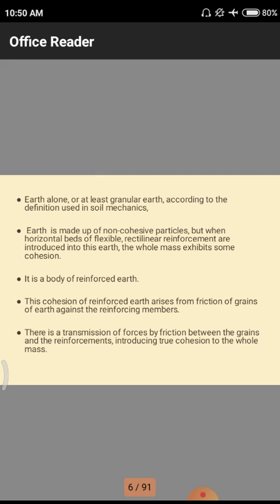If the particle bonding is very low, this cohesion force increases. Why? Because if the friction between particle to particle is high, automatically the bonds are also very high. Friction is low, strength is also low. There is a transformation of forces by friction between the grains and these reinforcements, introducing the cohesion into the whole mass.